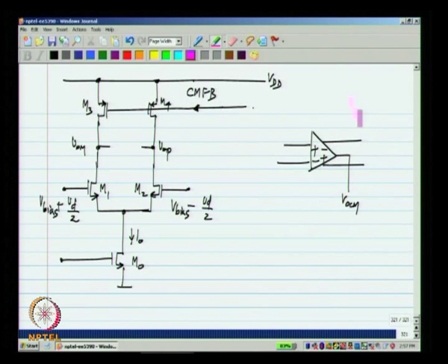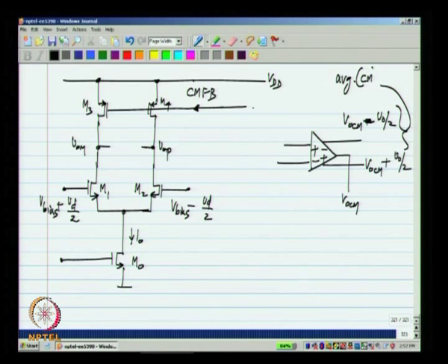It is not that the op amp's output voltage must be fixed, then the op amp is completely useless. What we want is that the average of the two output voltages be equal to some constant VOCM. Okay. These two voltages have an average or a common mode value equals VOCM.